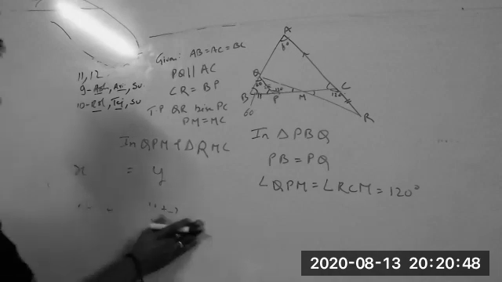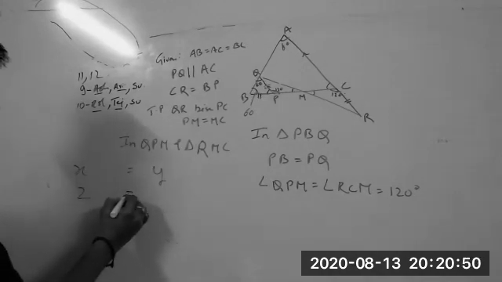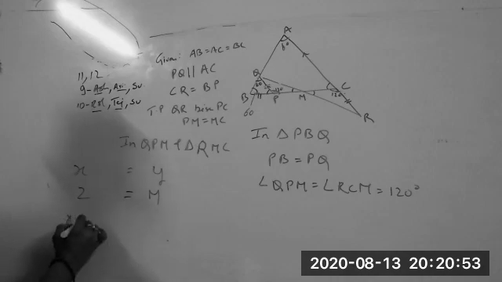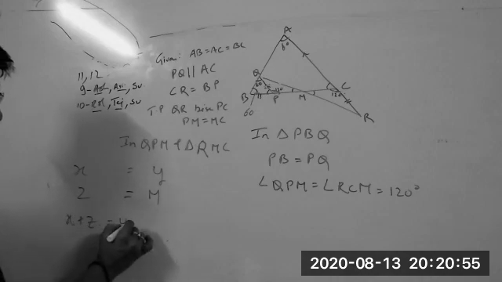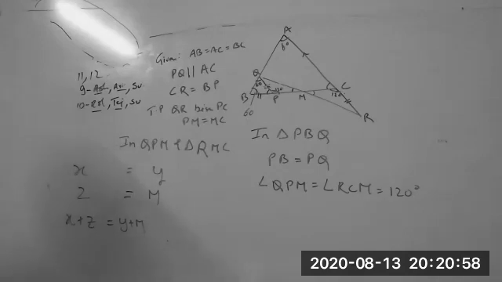If x is equal to y and z is equal to m, x plus z is equal to y plus m or not? Yes, sir. Why? Because the number of x and y will be equal, and so for z and m.